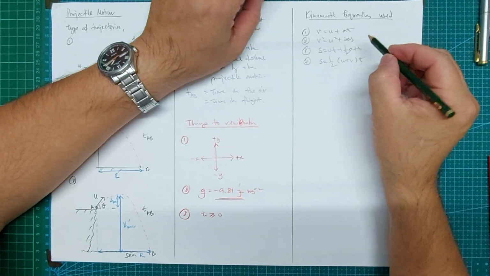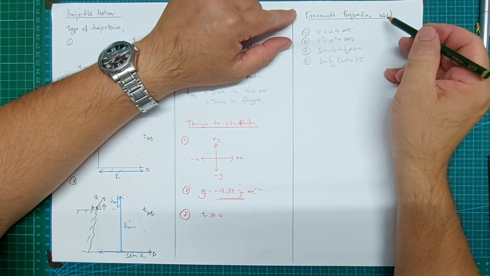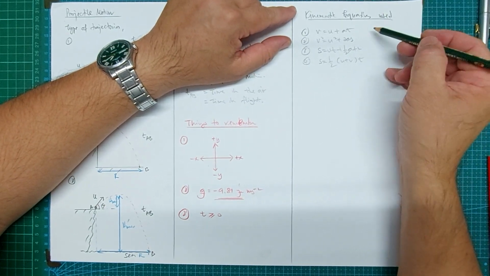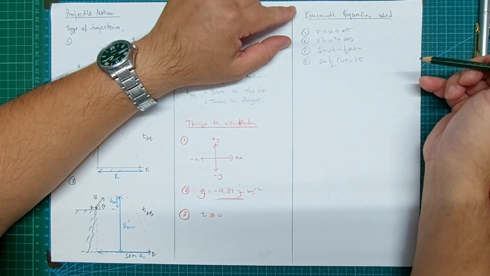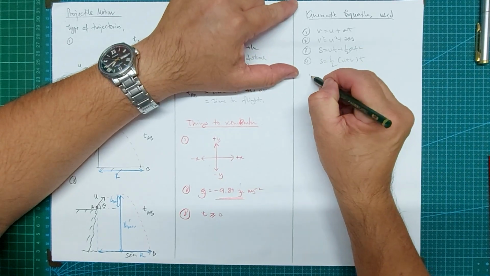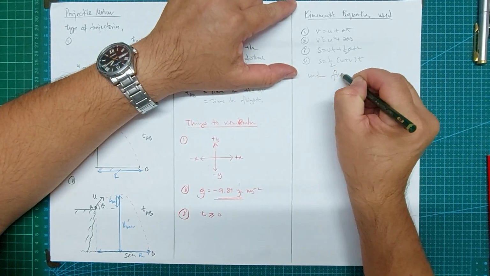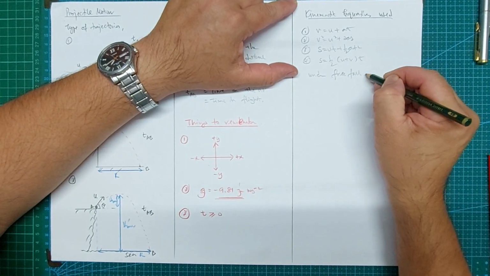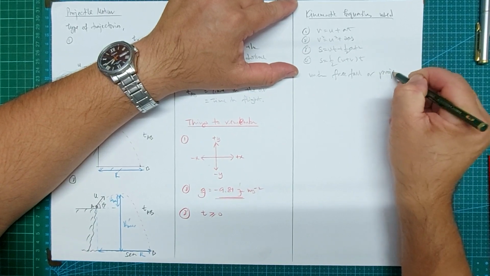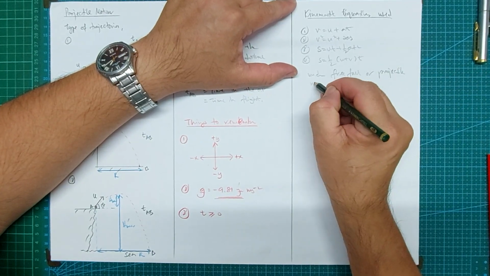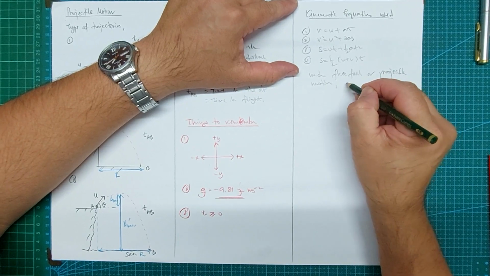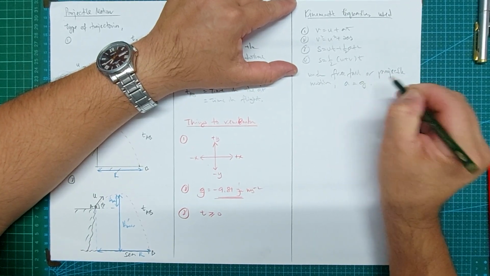This one is normally used when you have different values of acceleration a, but under free fall or projectile motion, our a is replaced by g.